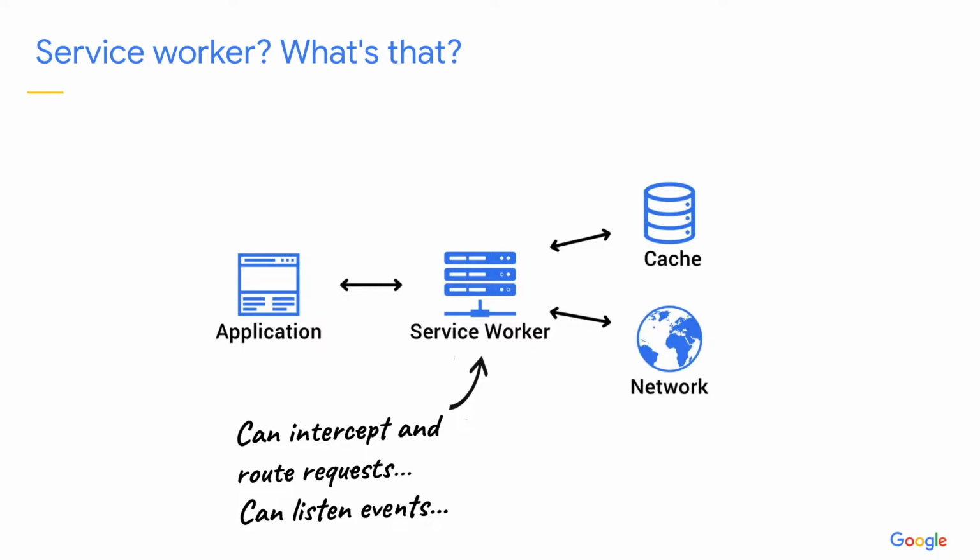It's basically a reverse proxy, if you are familiar with this concept. If not, every request that our application makes will go through the service worker. And then in my service worker, I can decide to route these requests to either save that request in the cache or maybe go on the network to fetch that request.